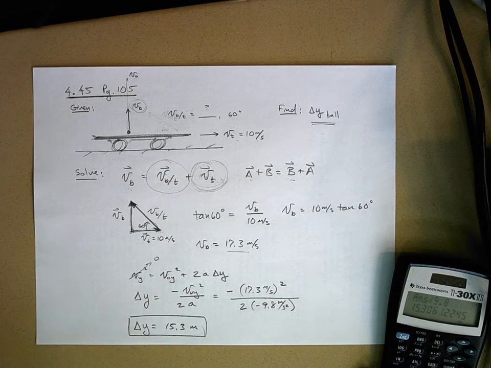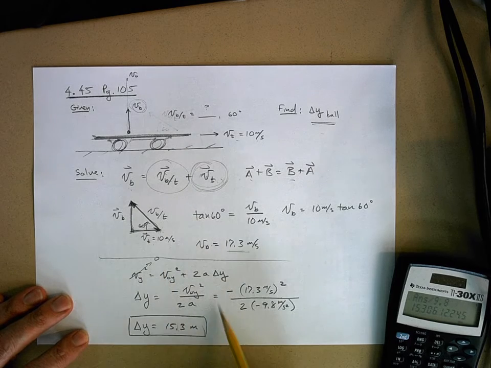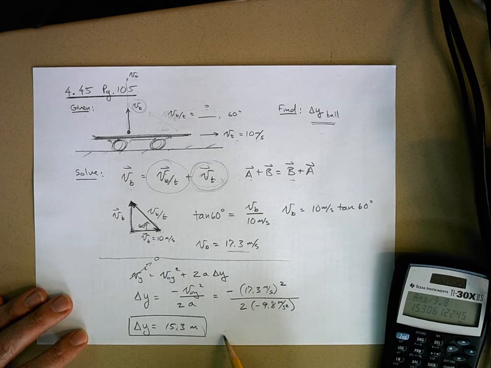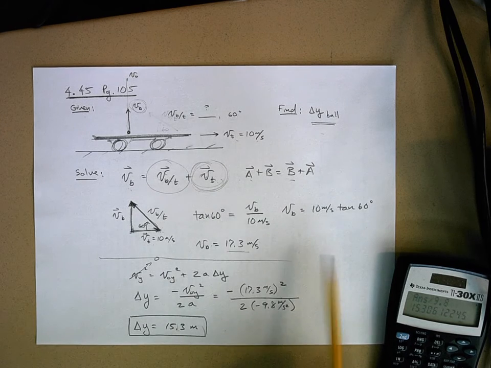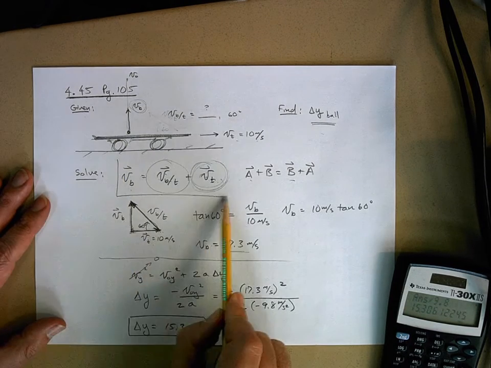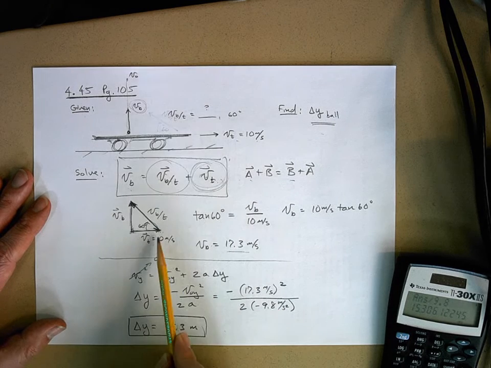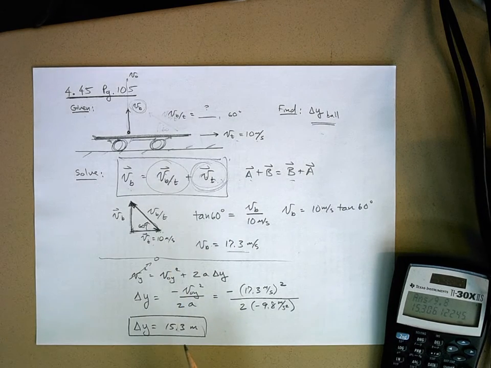Okay, I like this problem. This part is just kind of a review of kinematics. But this is the new stuff right here. The key idea is that this is a vector equation, and if you can draw the picture, you'll be able to draw the triangle.